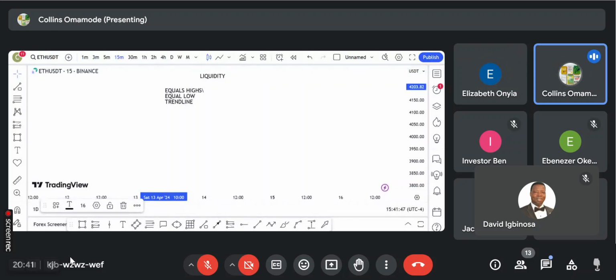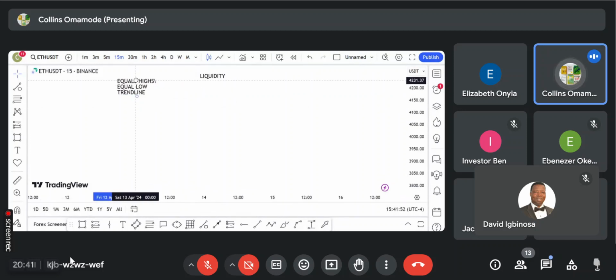So these are the three basic kinds of liquidity we have: equal highs, equal low, and trend line.